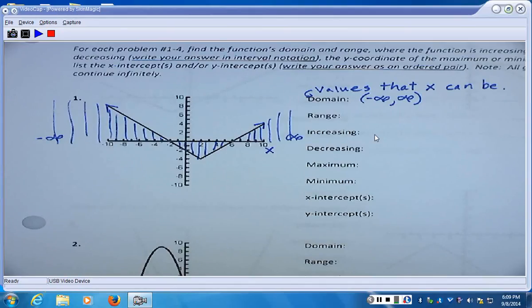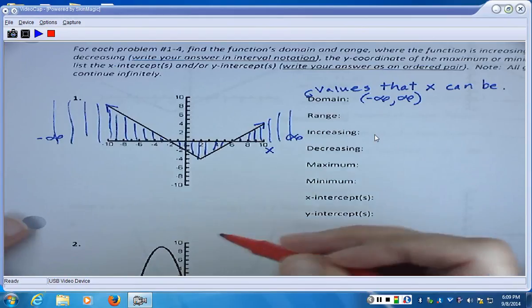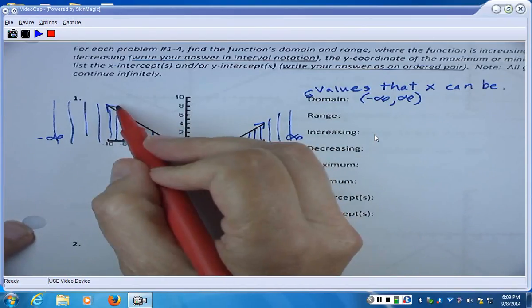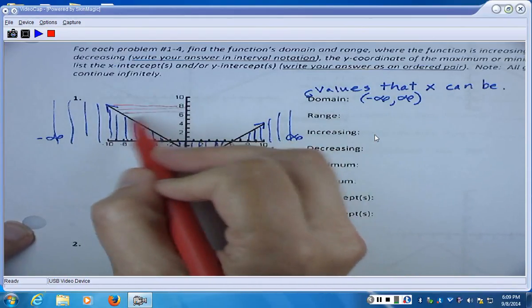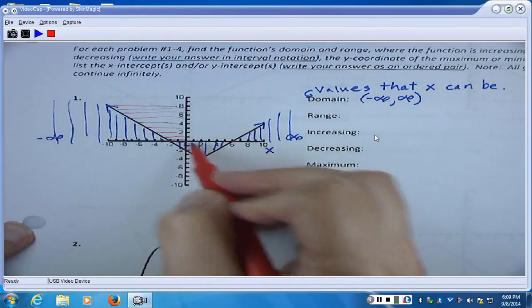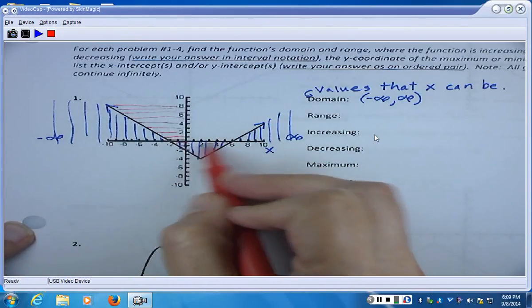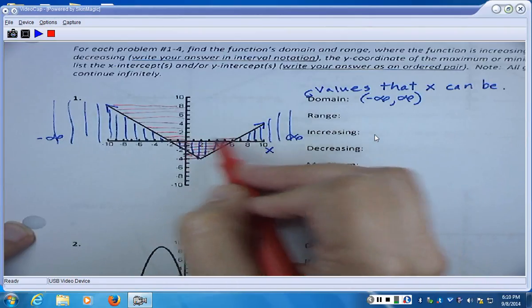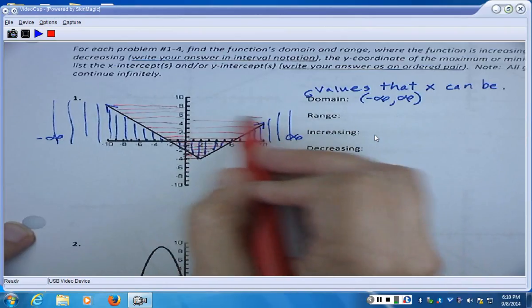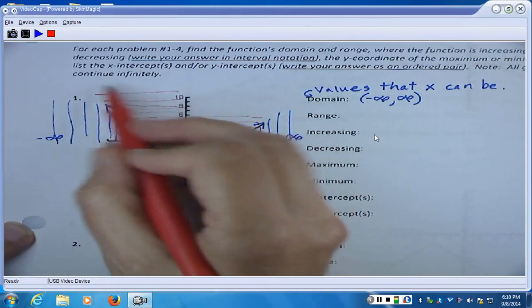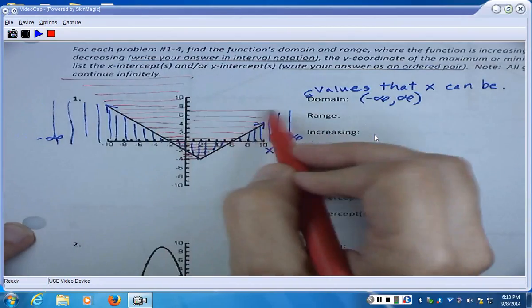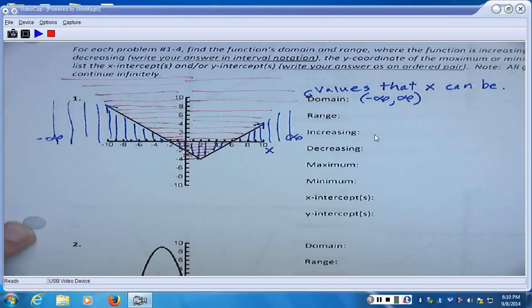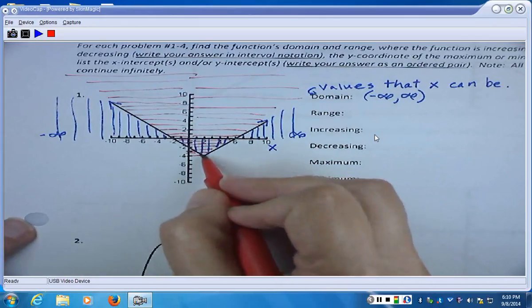Okay? Now the range is the values that y can be. So then you project to the y-axis. And these keep going at an angle, and if you see a corner right here, just assume it's the nearest integer near it.